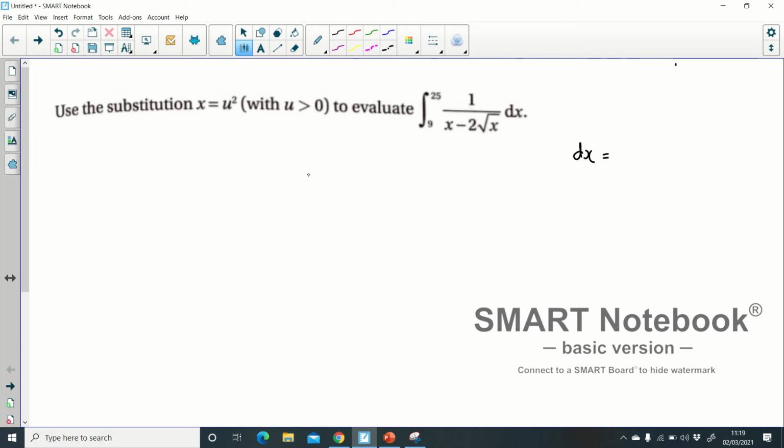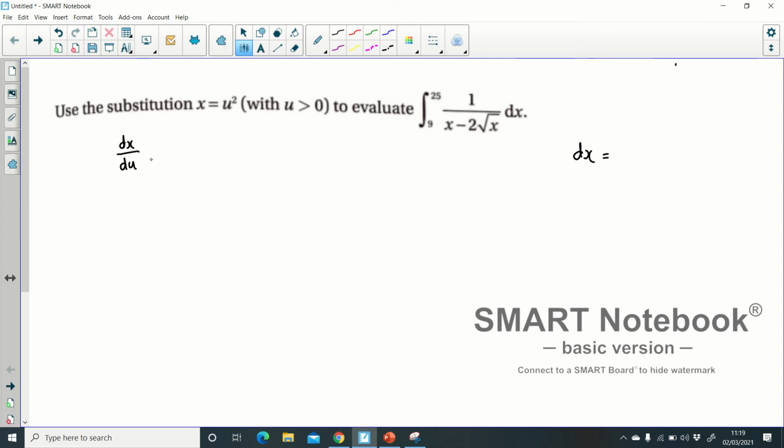Now, usually what we do is we differentiate the substitution because it's in the form u equals, and we just rearrange it to get dx equals. Now, I'm actually going to do that, but by differentiating x with respect to u instead. I'm going to focus on the fact that it is x equals to start off with.